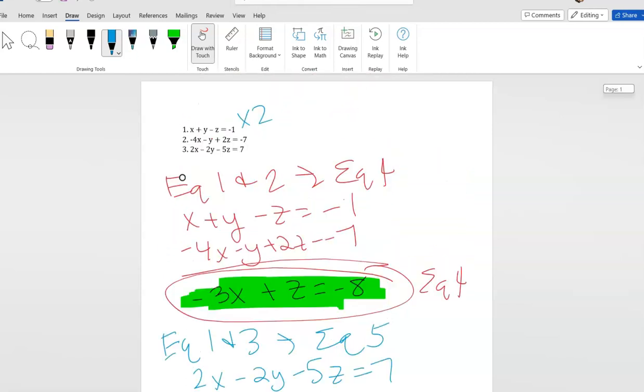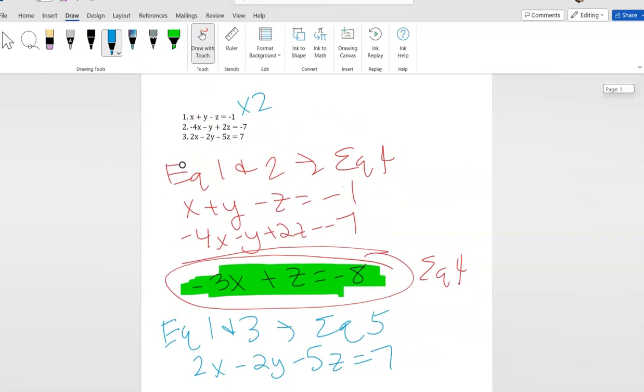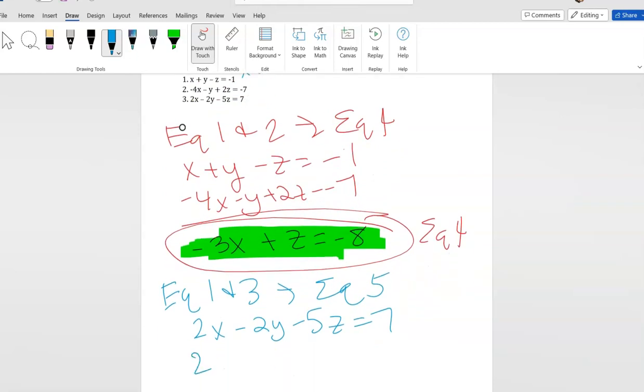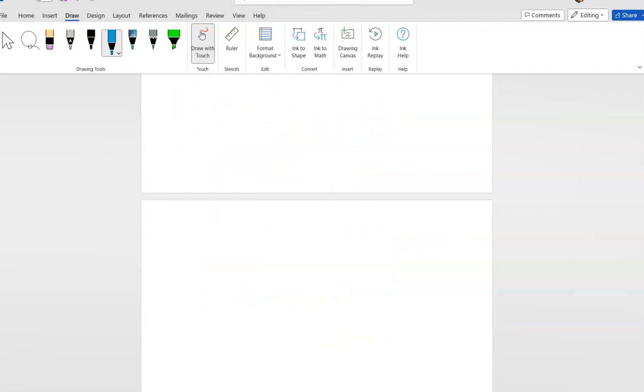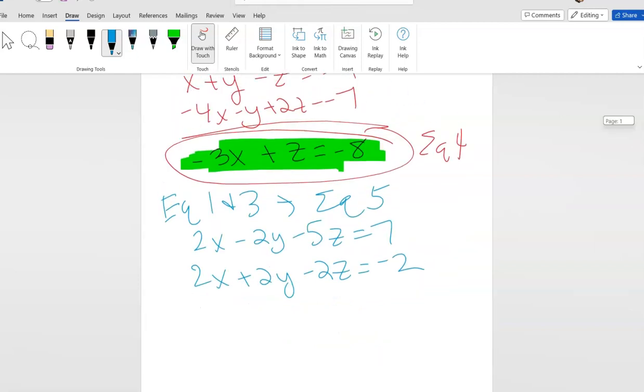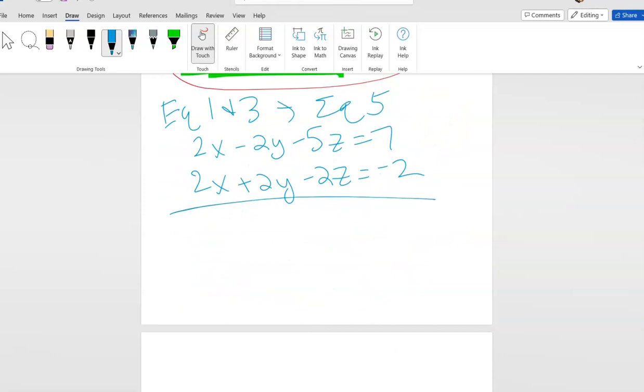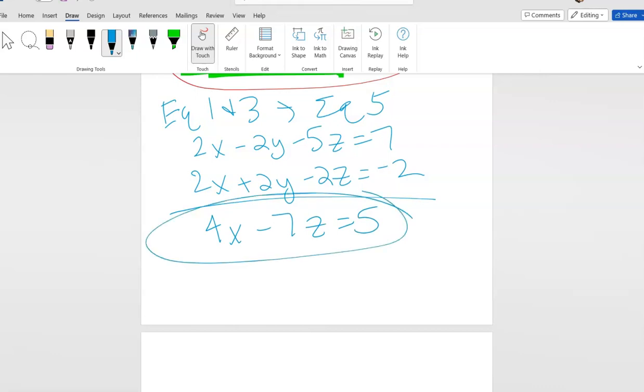So I'm going to get 2x plus 2y minus 2z equals negative 2. Now I'm going to add these, and I get 4x minus 7z equals 5. So this is equation 5.